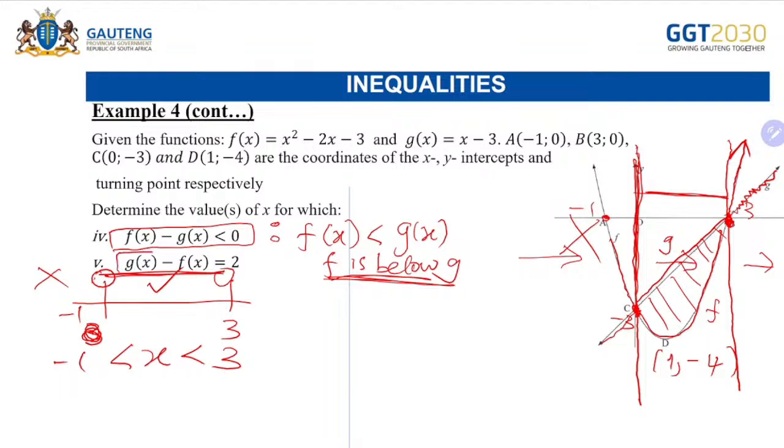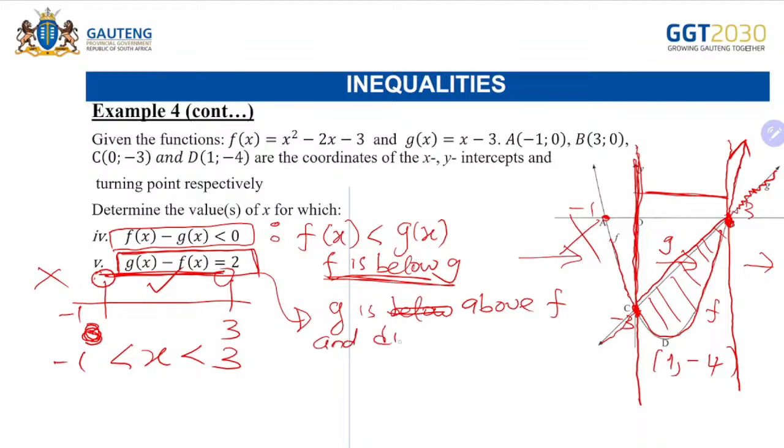Now, let's look at this one. G of X minus F of X is equal to 2. Here we are looking at a region where G is above F, and this is a vertical distance.